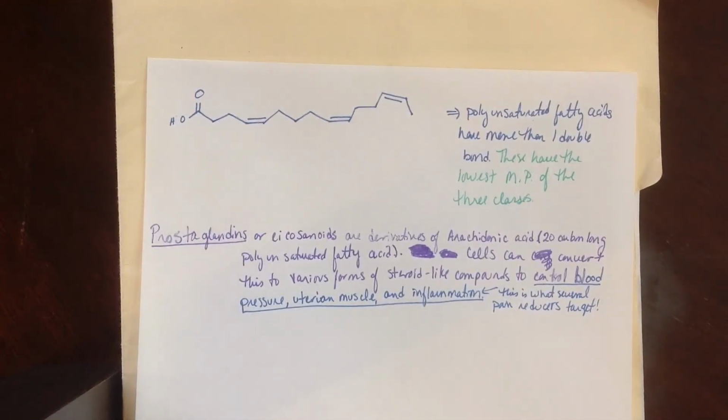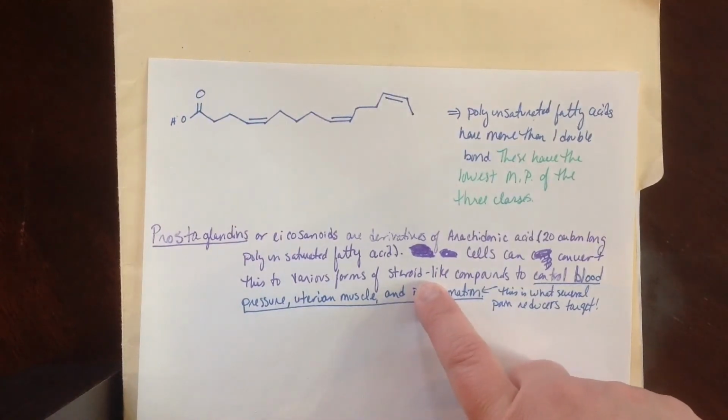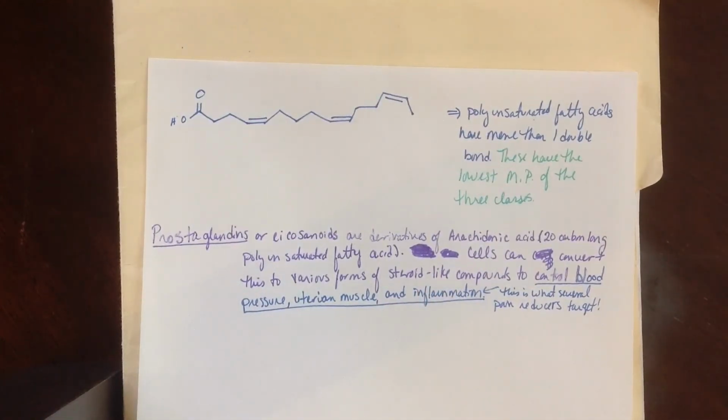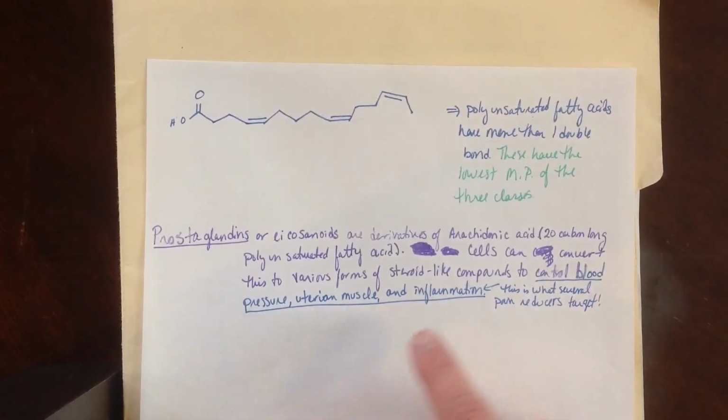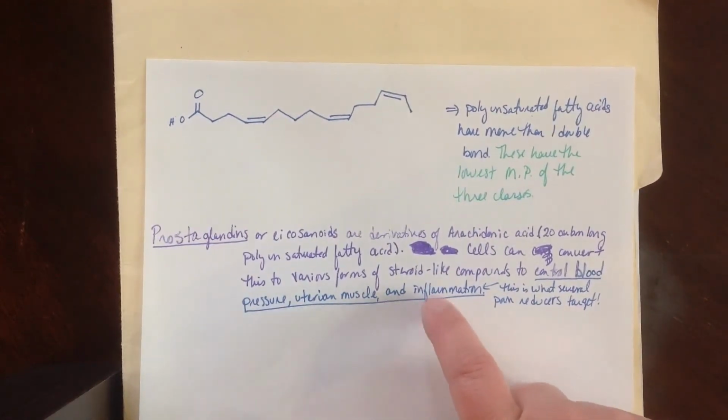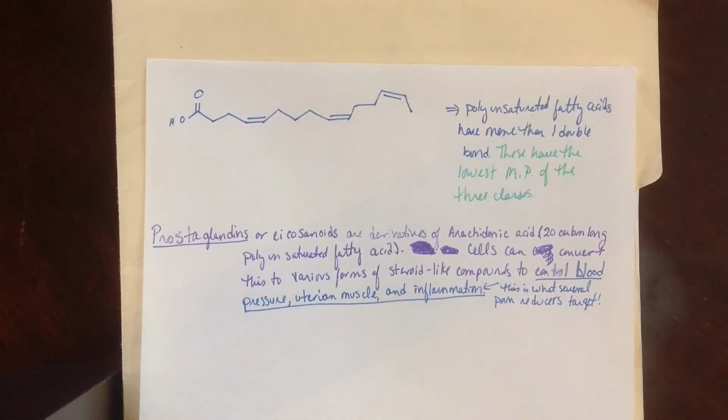And so as they start to go and signal to go and say, hey, body, go do this, inflame, things like that, then they are messengers for the body. And they're steroid-like compounds, and they're important when it comes to blood pressure, uterine contractions, and inflammation. This inflammation part is what things like NSAIDs target and try to get them to stop forming. So, pretty kind of cool, right?